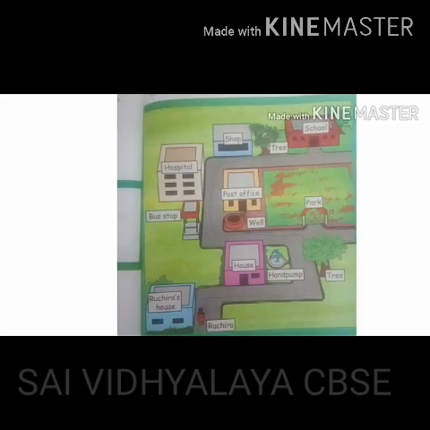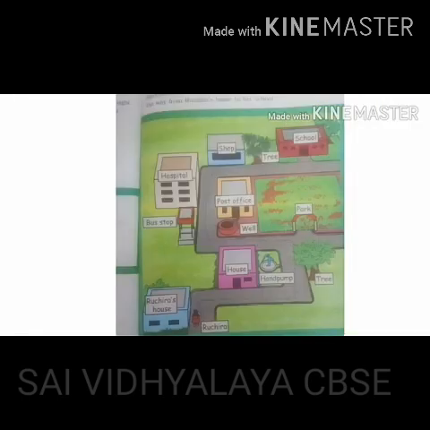This is the picture on page number 149. In this picture, you have to help Ruchira go from her home to school. First, you have to find the school in the picture and also find the way from Ruchira's home to her school.